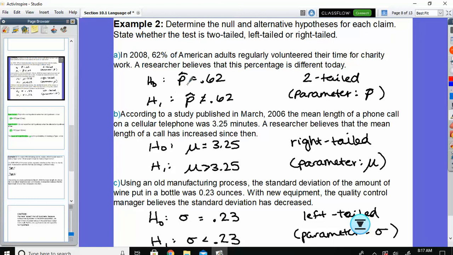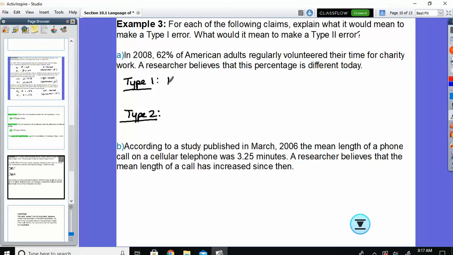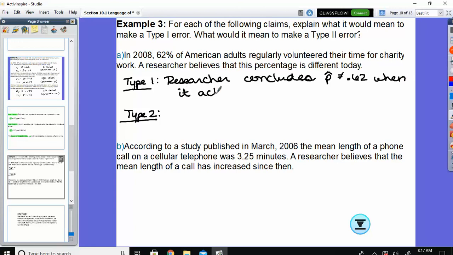Type 1 means what? You say the original was wrong, but it was right. Okay, so type 1 error would be the researcher concludes the proportion is not 0.62 when it actually is. You rejected it. We said it wasn't 0.62, but it still is.